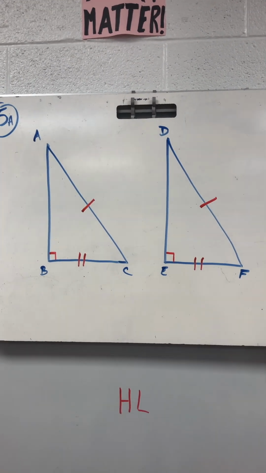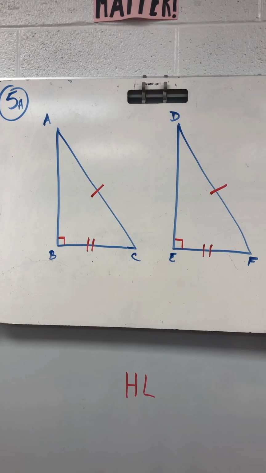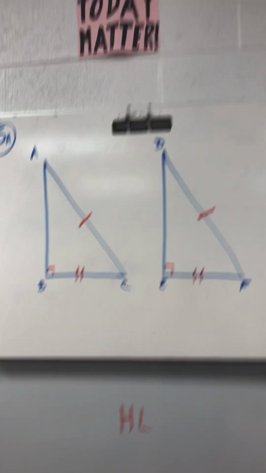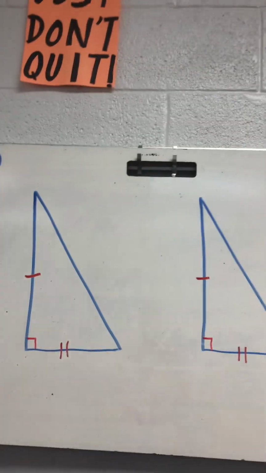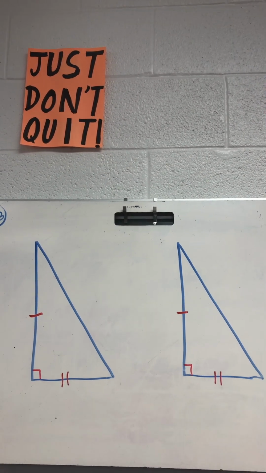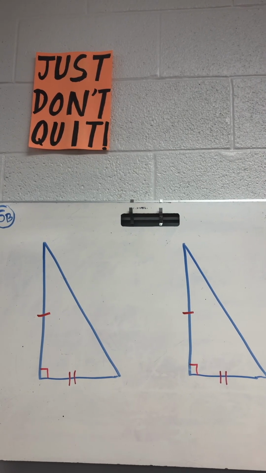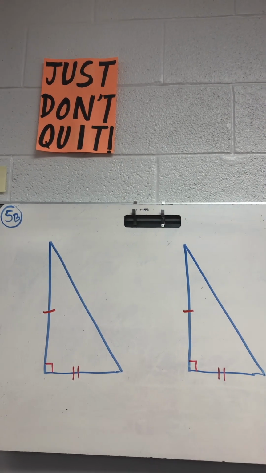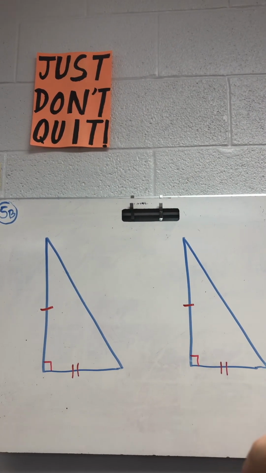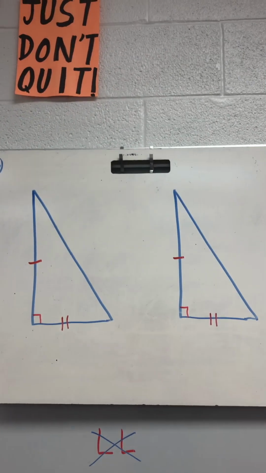Now, just to make matters really complicated in Delta Math, I don't know why they did this, but here's another one where you have right triangles. Now, in right triangle congruence, you do have what's called LL. This is a leg, and this is a leg. This would be called LL.